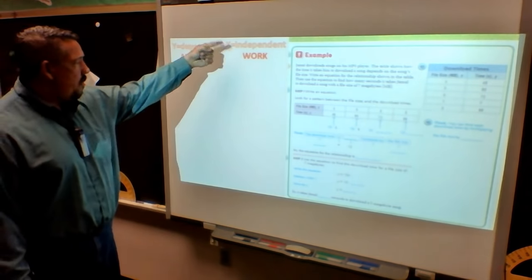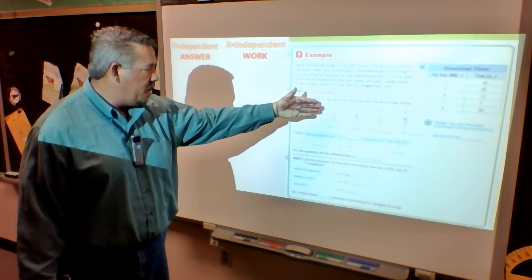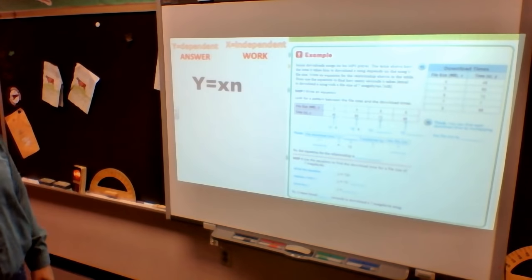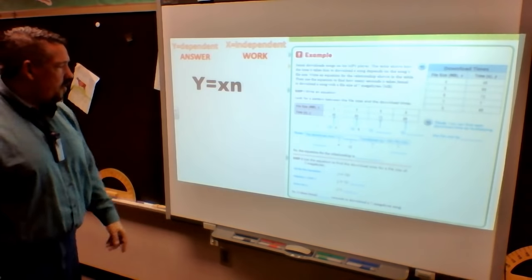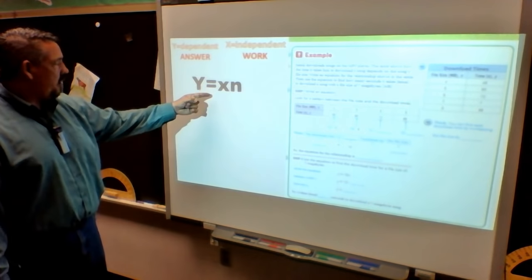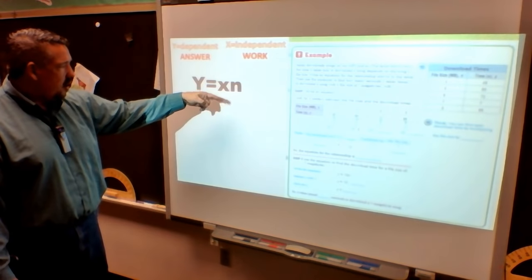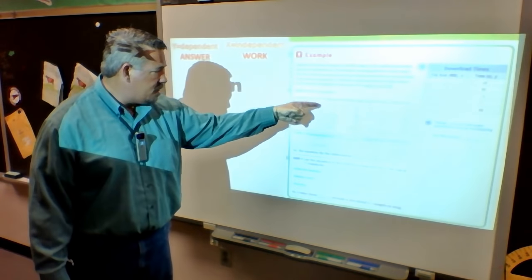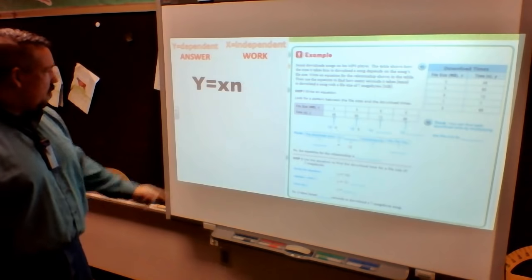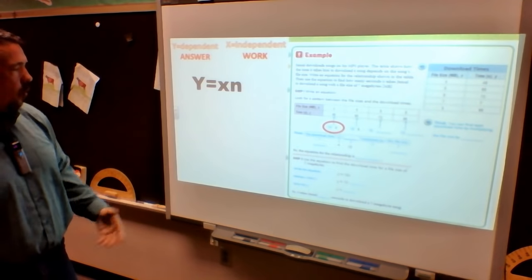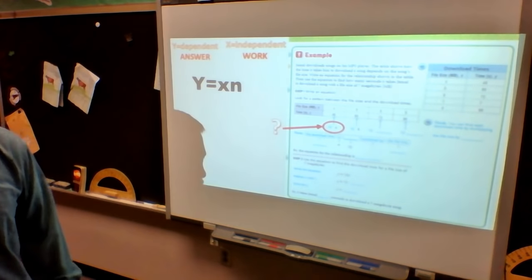And when I have my independent variable where my work needs to be done, they threw in a 12. Well, I know that that dot means it's multiplication. Y is equal to x times n. My x is what they tell me it is. That's my independent variable. But I'm multiplying by n, a number. Well, where did that number even come from?